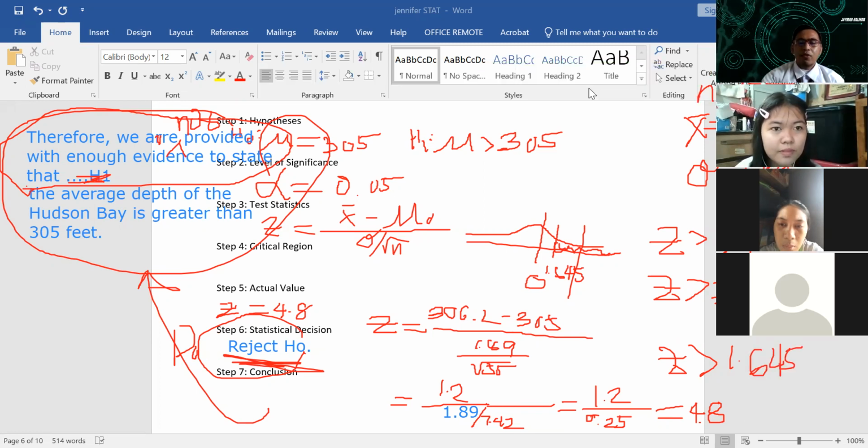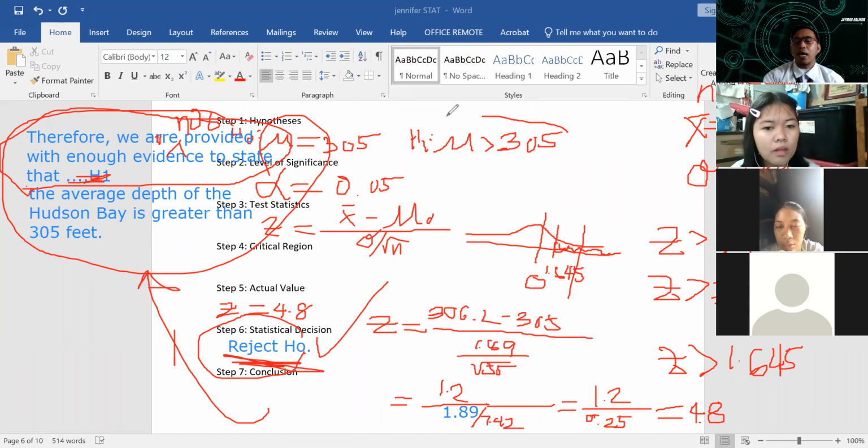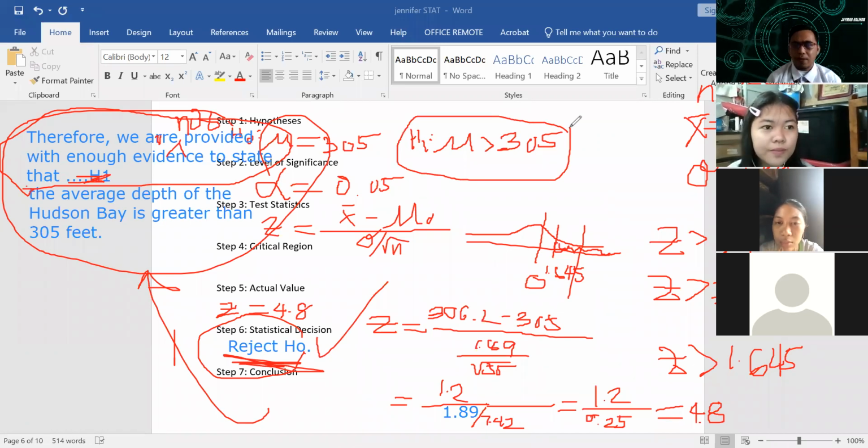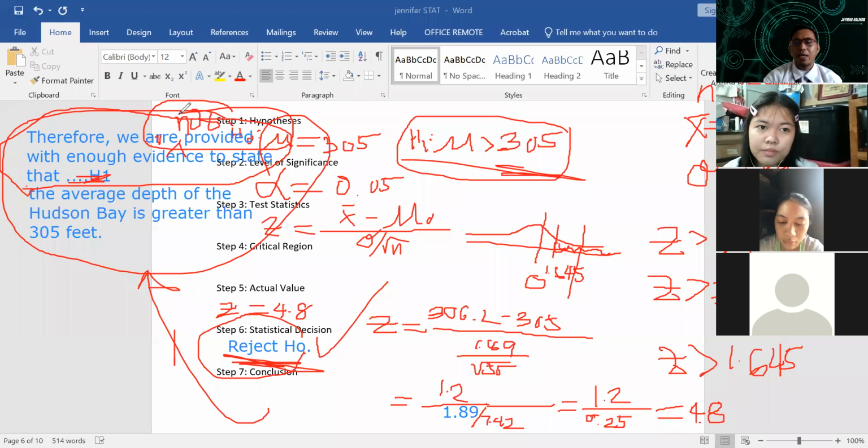I will repeat: the result is good if the null is rejected, because your claim is true. But if when you computed you got do not reject, do not manipulate it. Whatever you got, that is it. Most researchers want good results in their study, so they want the null rejected for their claim to be true. But that is not the case in all instances. It is possible that it will not be rejected. You do not have enough evidence that your claim is true. So you state, we are not provided with enough evidence to state that your claim is true.